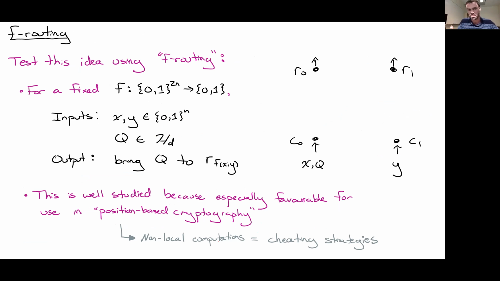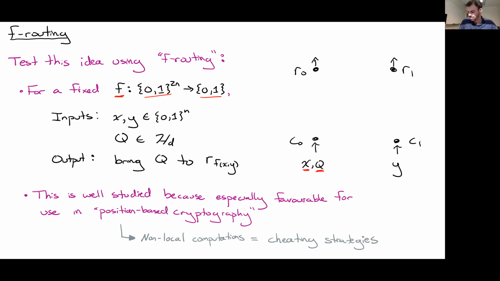To test this, we're going to use another example, which is called F routing. An F routing computation is defined by a choice of classical function called F, which maps from strings of length 2n to bits, either 0 or 1. The inputs to the computation are a string x of length n on the left, and a quantum system Q of some dimension d, also on the left.